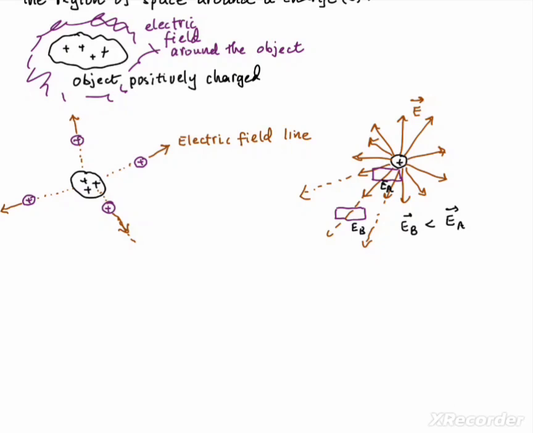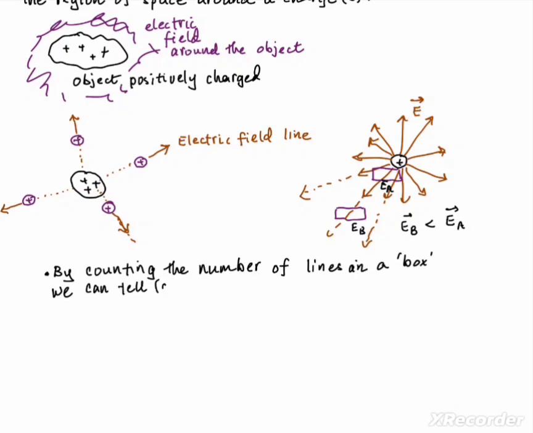So by counting the number of lines in a box, and this box is imaginary, we can tell or compare the strength of the electric field in various locations.